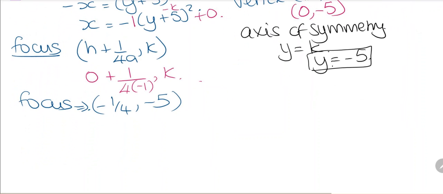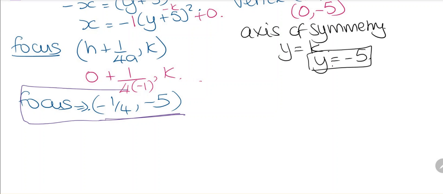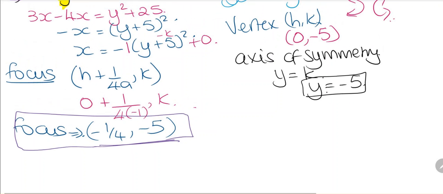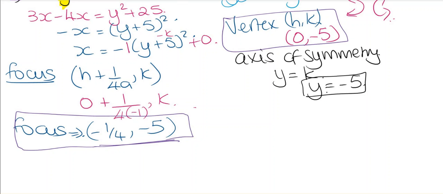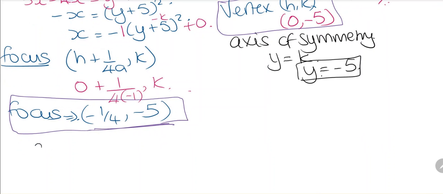So we've got our focus, we've got our axis of symmetry, we've got our vertex. So now we're going to look at finding the directrix. The formula we're going to use is x is equal to h minus 1 over 4a.